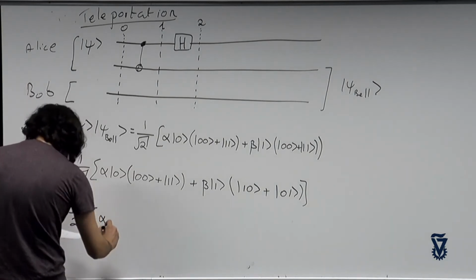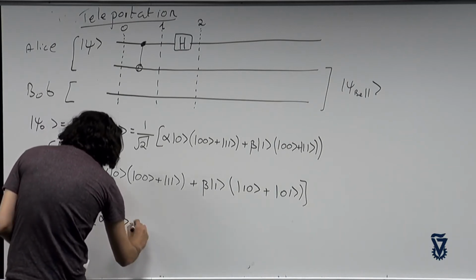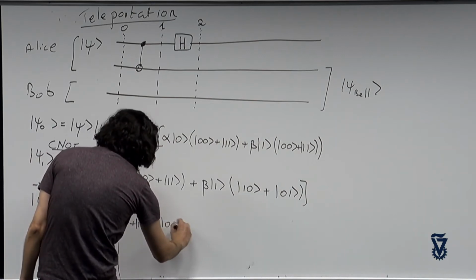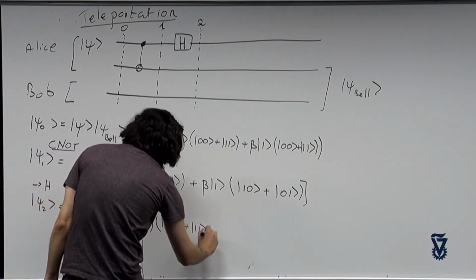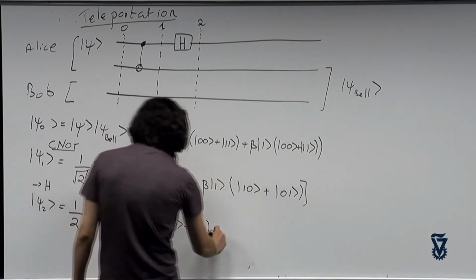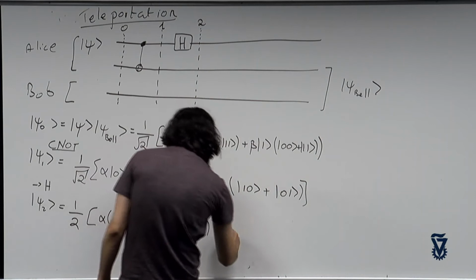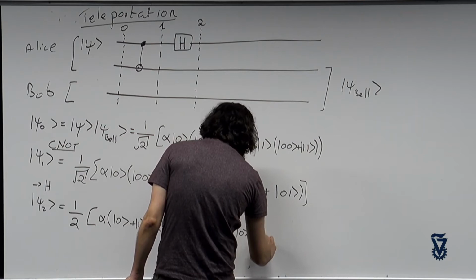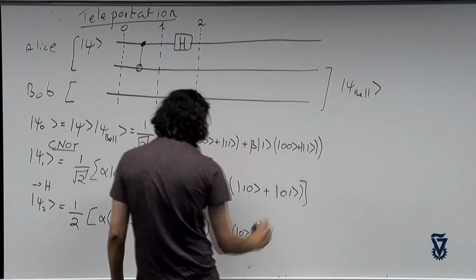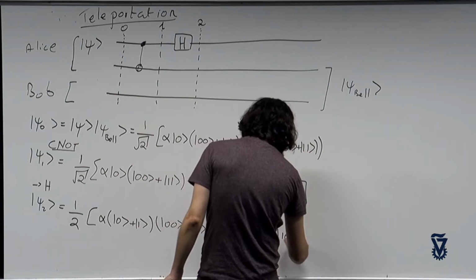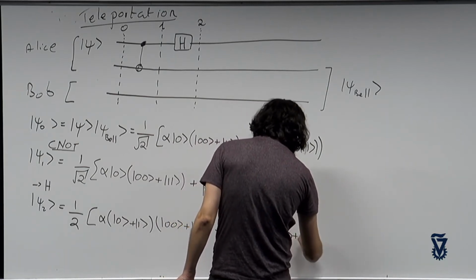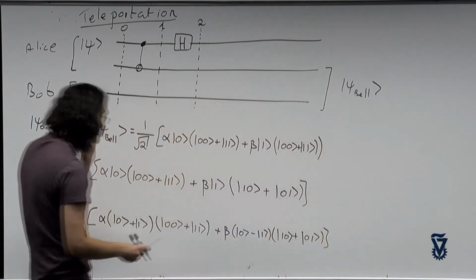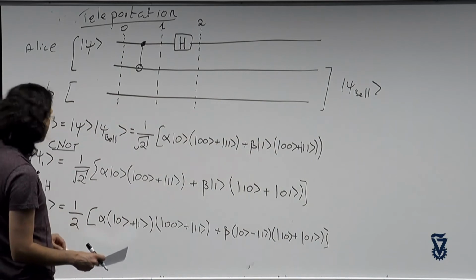And then we have alpha (0 plus 1), (00 plus 11), plus beta (0 minus 1), (10 plus 01).